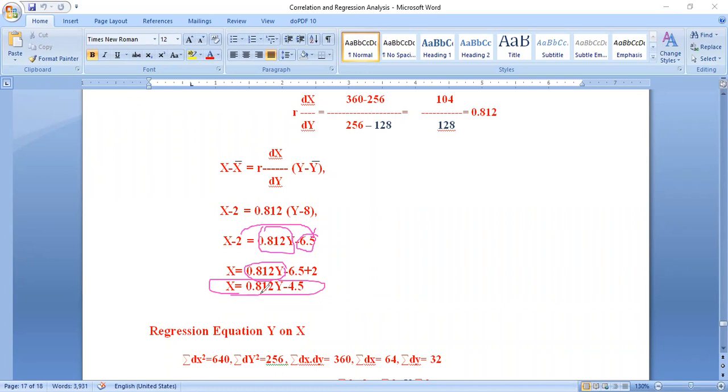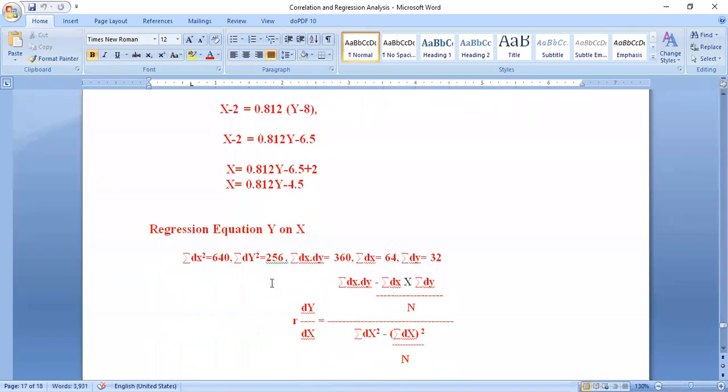After completion of this, finally you will get the answer, x is equal to 0.812 into y minus 4.5. Okay, regression equation x on y.